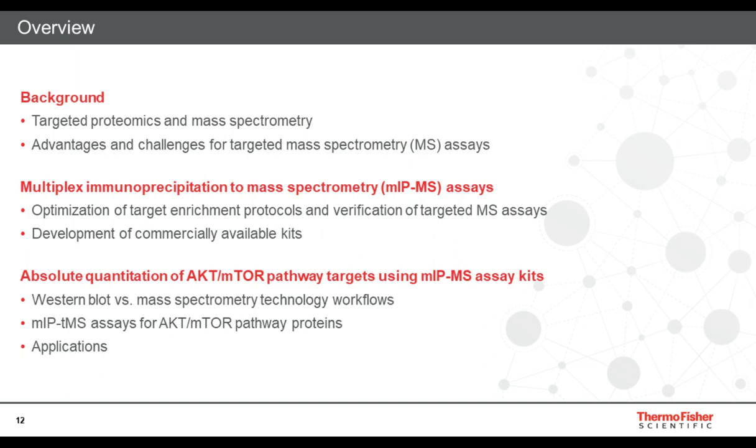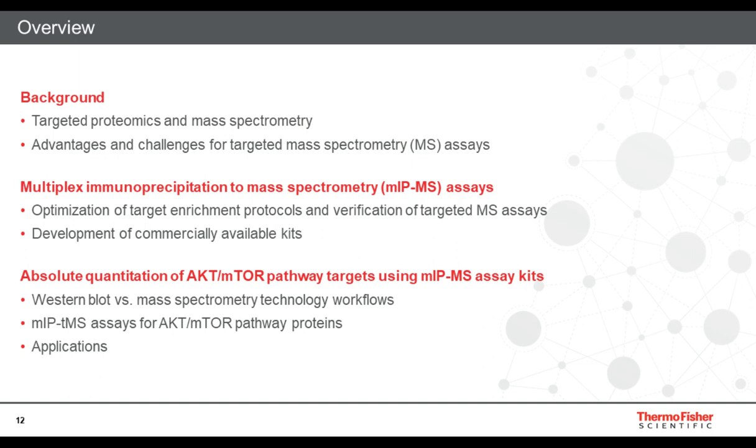So in the next part of the talk, I'll discuss more about how we get the absolute quantitation of AKT mTOR pathway targets using these assay kits. We'll start by going over the Western blot workflow, that's the current gold standard method, and then compare this method with these targeted mass spec assays, as well as the key characteristics of these assays and some of the supporting data.